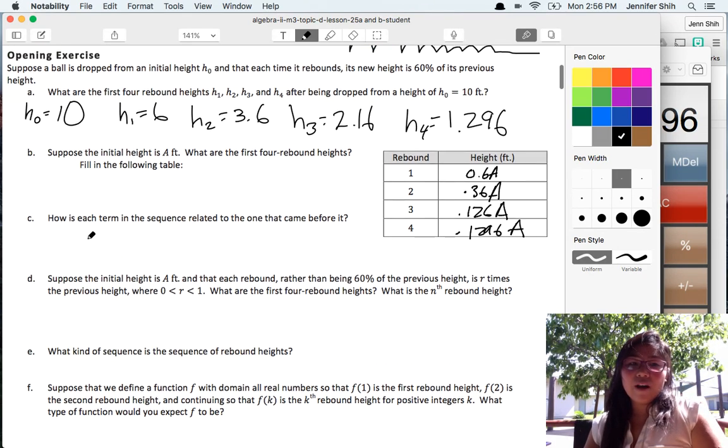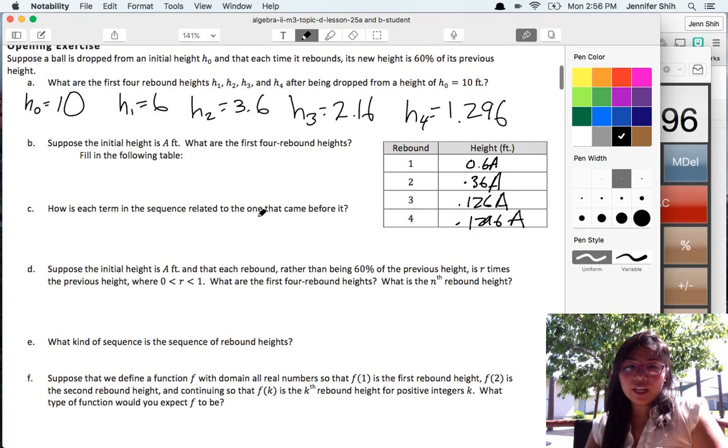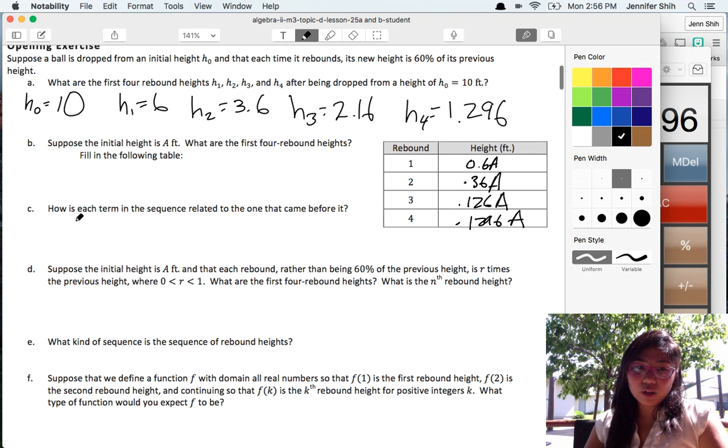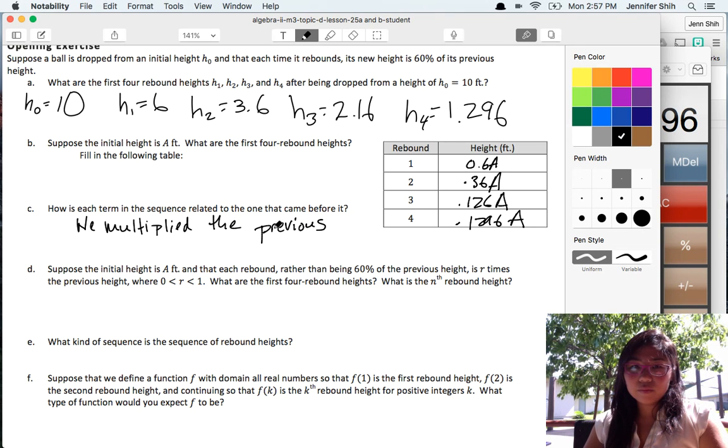So part C, how is each term in the sequence related to the one that came before it? Well, what we did was we multiplied the previous height by 0.6, because 0.6 is 60%.